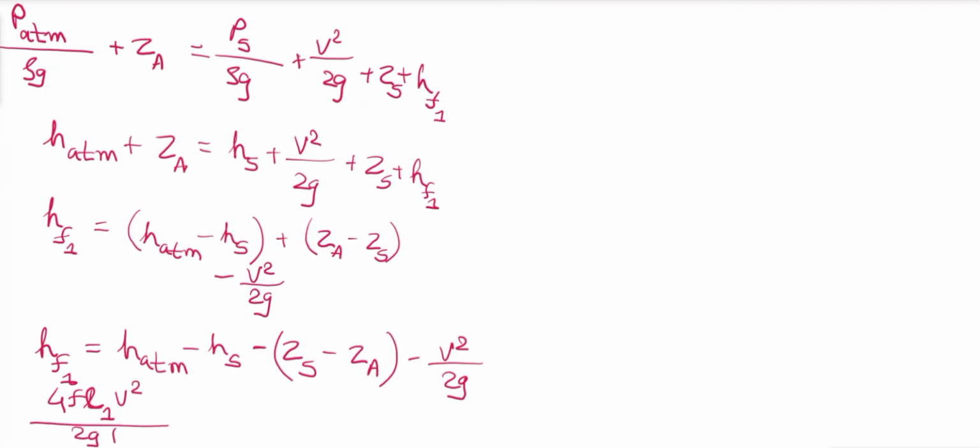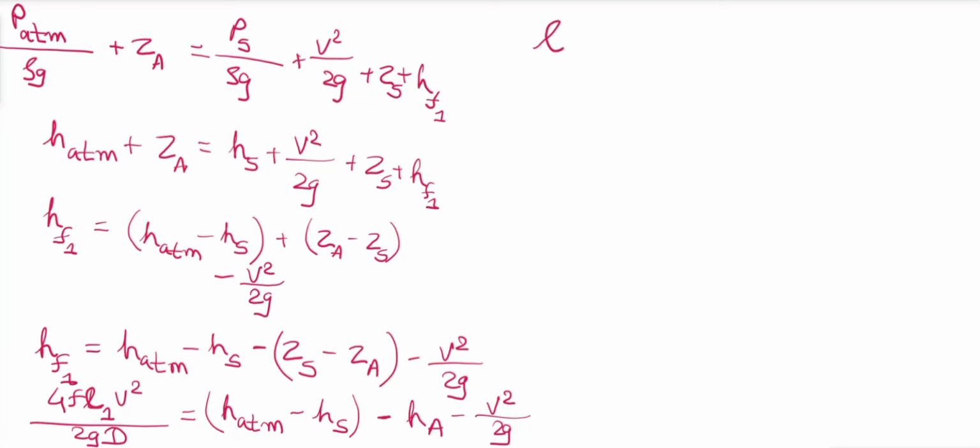The diameter of the siphon is capital D and the velocity of fluid in the siphon is capital V, which is equal to H atmospheric minus HS. This ZS minus ZA is HA, so it will be minus HA minus V square by 2g.